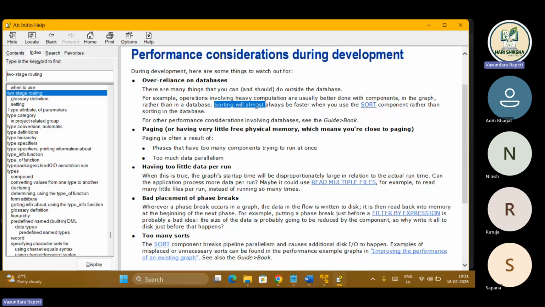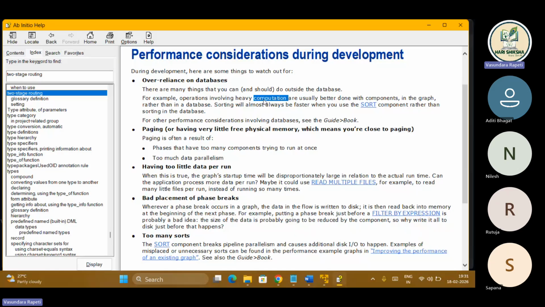Sorting will almost always be faster when you use the Sort component rather than ORDER BY, or sorting in the database. Computation operations are those where the CPU is used more. For sorting algorithms, you need to understand there are two types of processes.